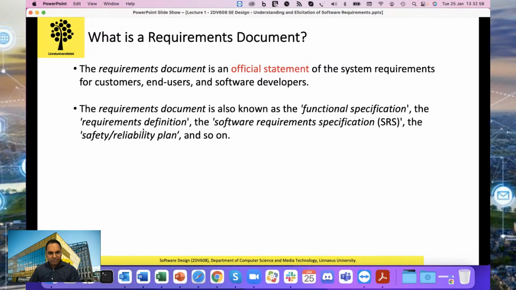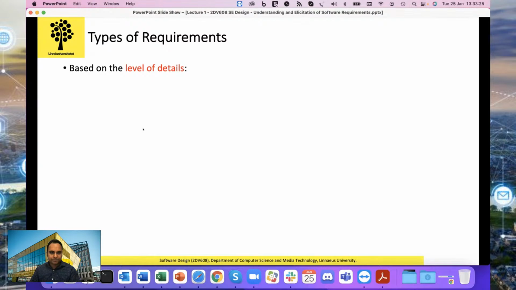There are many other names for requirements document: functional specification, requirements specification, or SRS, and so on. Also, as part of the assignment one or the RE assignment, you should also create a requirements document that I will explain more maybe in the third lecture.